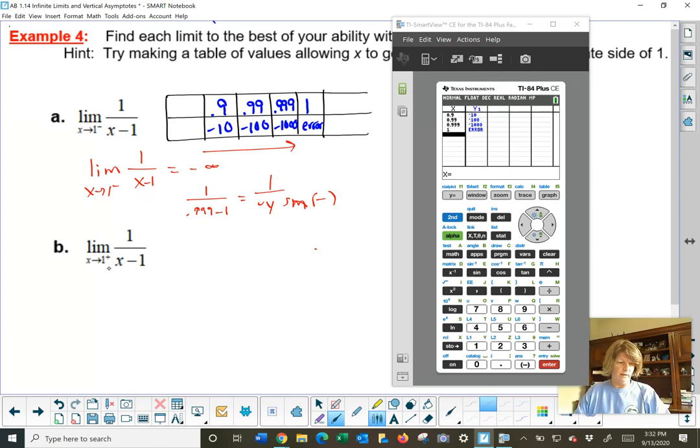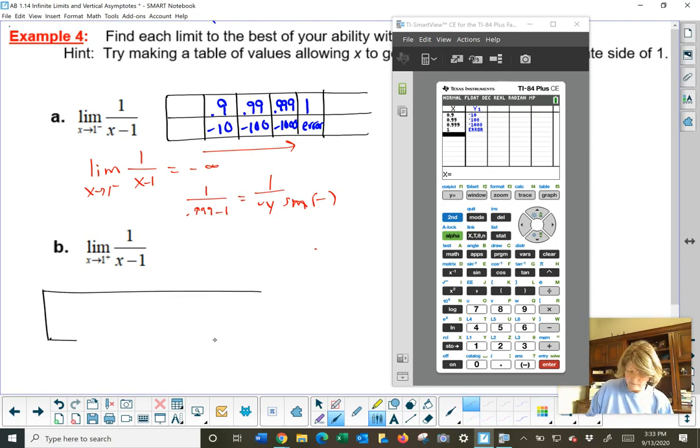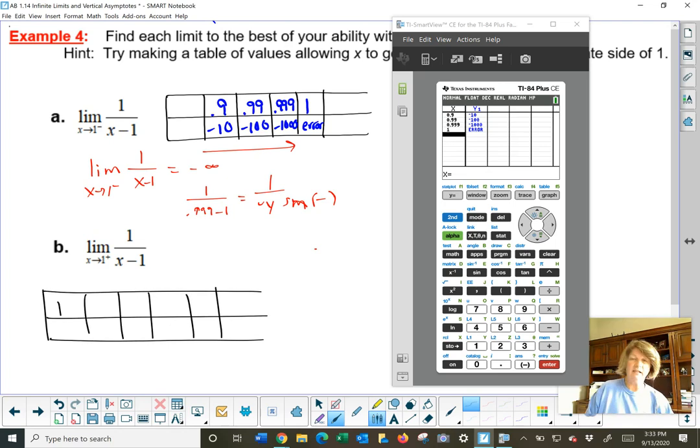Coming into 1 from the right side will be another table. And let's draw ourselves another table. This time I'm going to choose to put 1 over on the left side. I like to think of a number line when I do these. So 1.001, 1.01, 1.1, and that's enough.